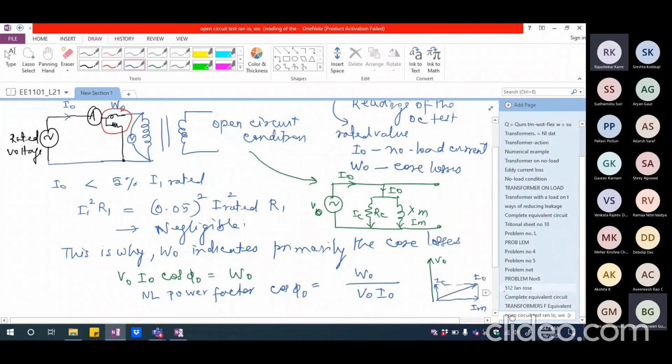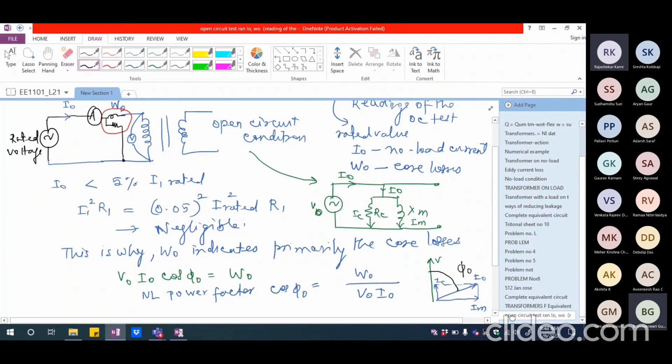This is what we drew as the no load condition phasor diagram. Now I can call this angle between V naught and I naught the angle phi naught.